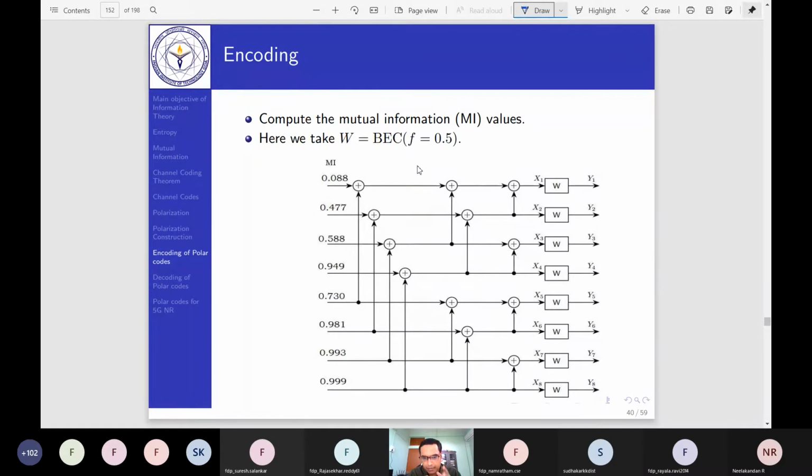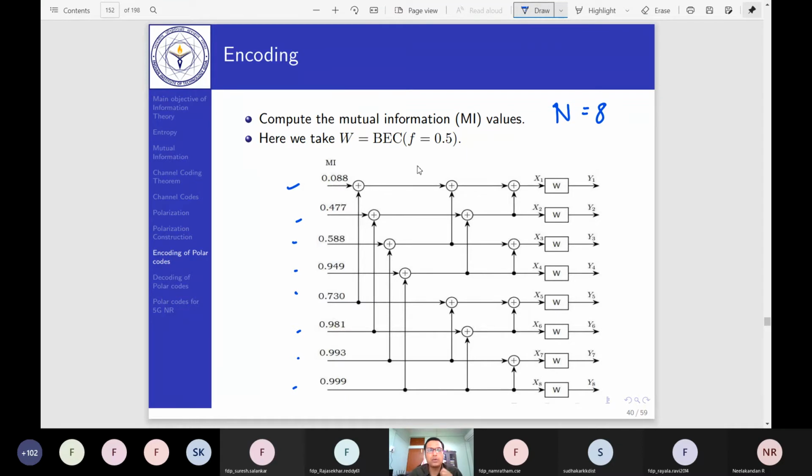So here we are considering n equal to 8. We have n number of input links, but we have to select which of these input channels are good and which are bad. We'll be using only the good channels to transmit the bits.